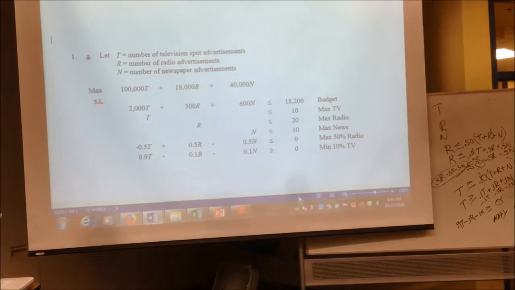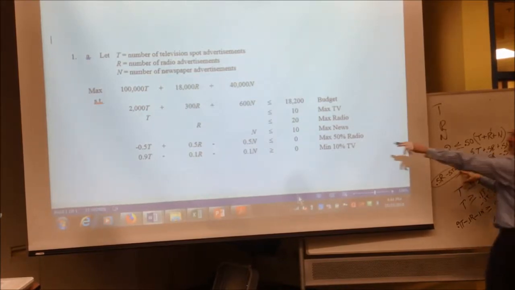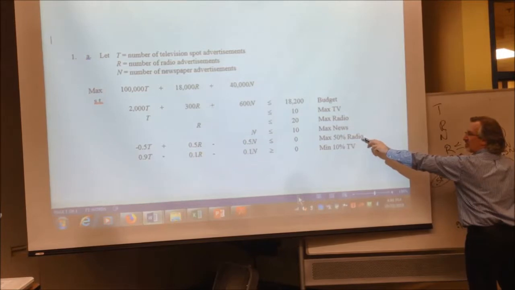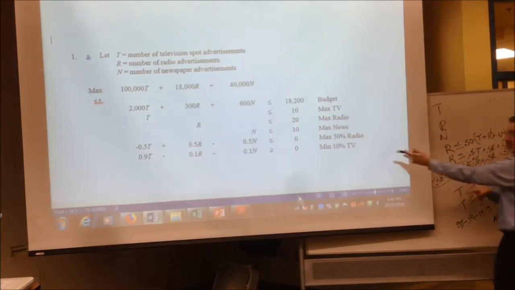Here is our next part. 50% of the ads, what was it? It was radio cannot be more than 50% of all the ads placed. After we did algebra, we got a positive 0.5R, negative 0.5T, minus 0.5N, less than or equal to 0. There's the 50%.